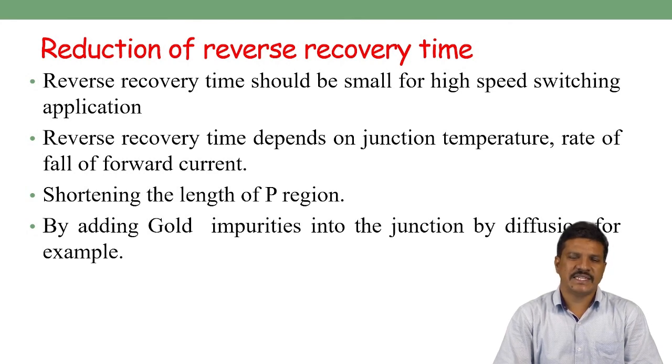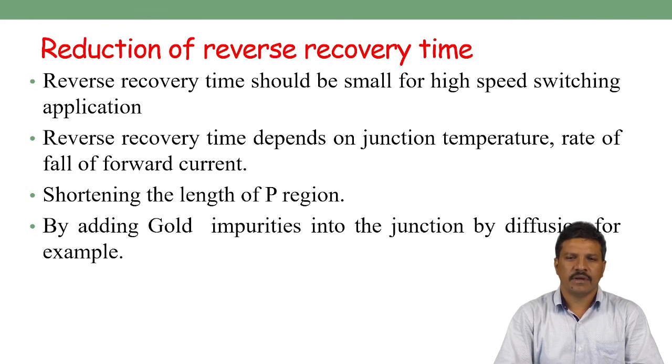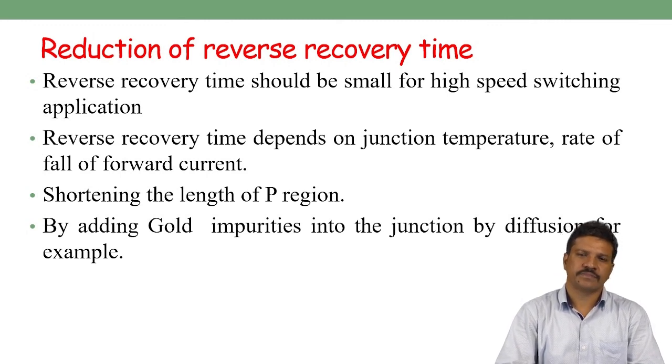Whenever we change their characteristics, changing their reverse recovery time, only then is it possible to achieve high-speed circuits, like in BJT digital IC applications, in BJT ECL, how fast it is, and in CMOS applications, like MOSFET applications, how can we avoid this kind of recovery time in MOSFETs and FET applications.